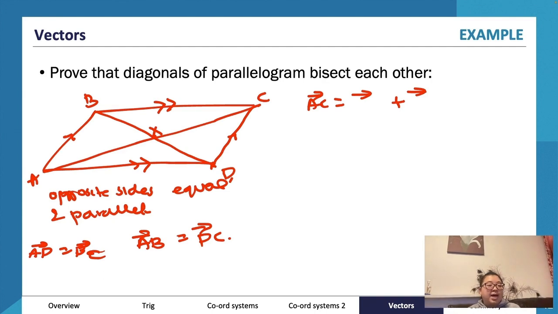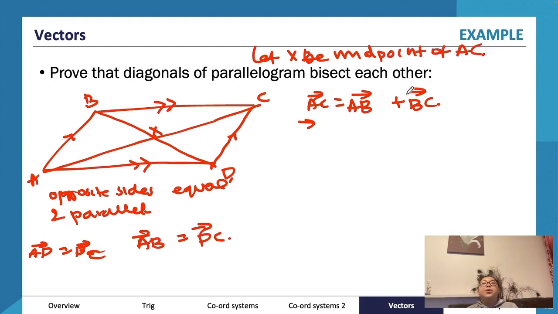So our AC is equivalent to our AB plus our BC. That's where our line is going to be. Therefore we say let X be the midpoint of AC, right? So AX is going to equal a half of AB plus BC. And that's going to be our line already.